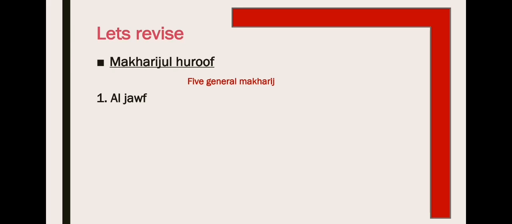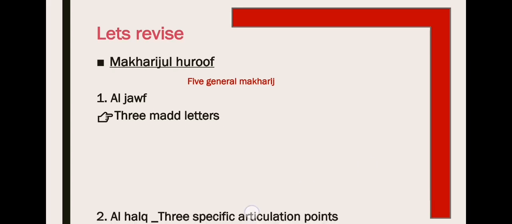It means there is no specific makhraj from al-jawf. We know that there are 5 general makharij and 17 specific makharij, right? But the al-jawf is a makhrajul muqaddar where there is no specific makhraj, but it has 3 mad letters coming out from it, which are the alif madiyya, waw madiyya, and ya madiyya, right?